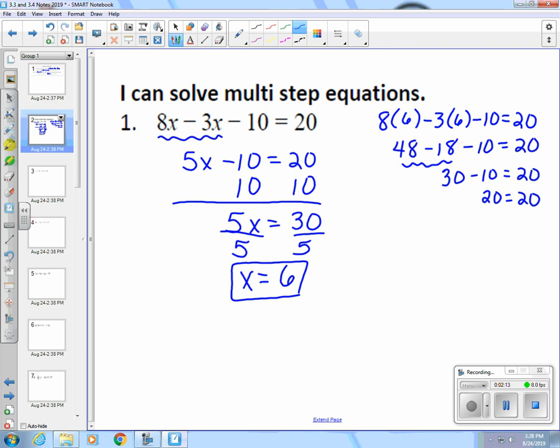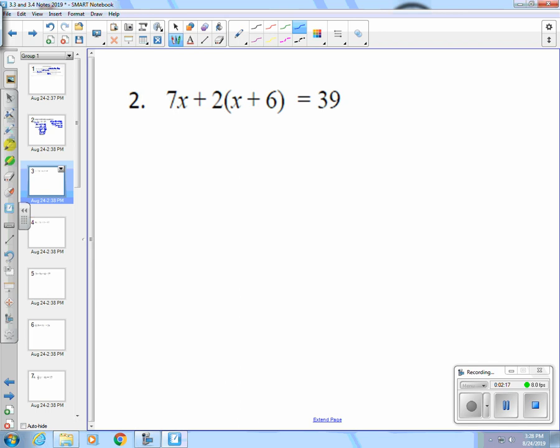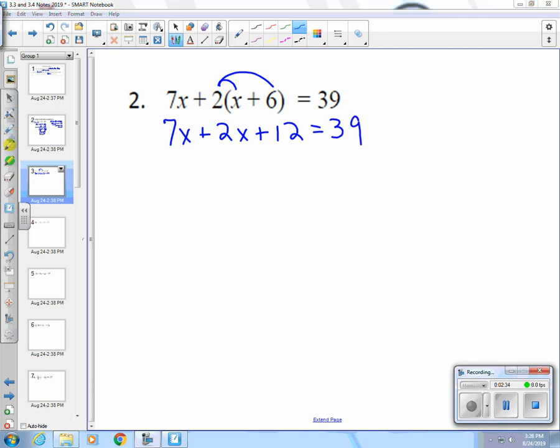Alrighty. Let's keep going here to our next equation. And we have some parentheses. We need to do a little bit of distributive property here first. So we'll have 7x plus 2x plus 12 equals 39. And we'll add our like terms together.